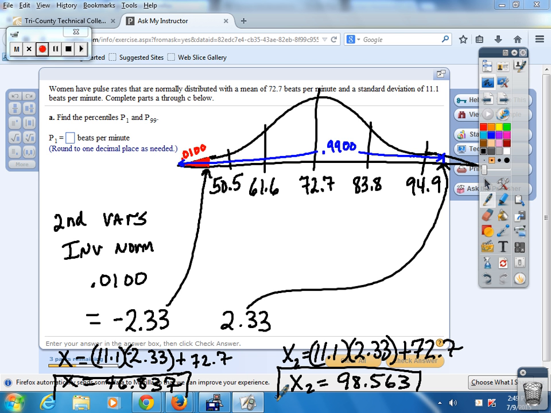Why is it 2.33? Because it's symmetric. Look. What's the percentage right here? 1%. All right. What's the percentage at the 99th percentile? 1% on the right here. So it's symmetrical. We did those problems a while ago where I told you if they're symmetrical.